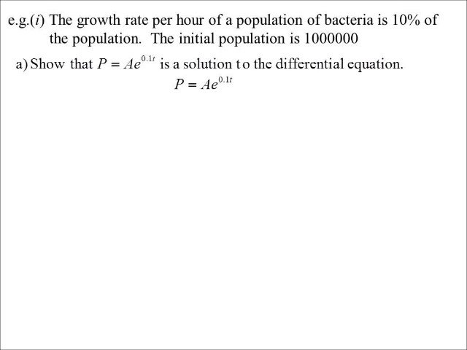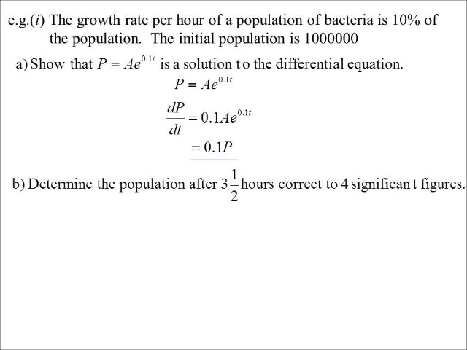Differentiate the power, we get 0.1. So I have 0.1 times Ae to the 0.1t. But of course, Ae to the 0.1t is P, and we end up with 0.1 times P, or a constant times P. So it satisfies the differential equation dP/dT is equal to some constant times the population.